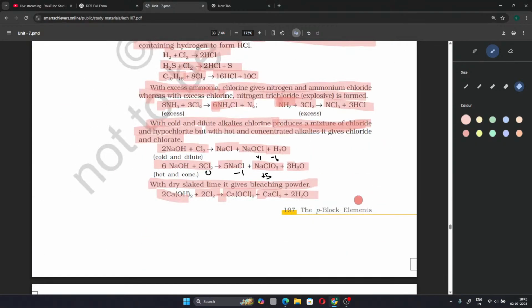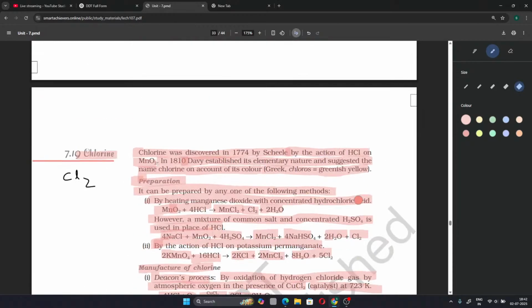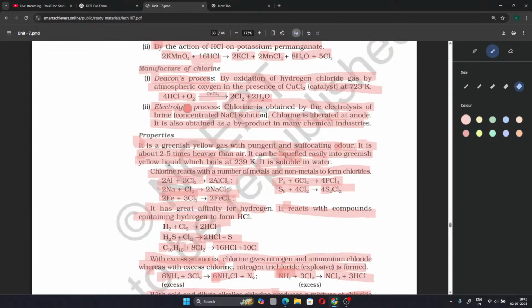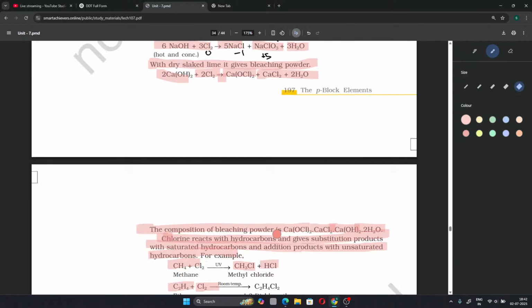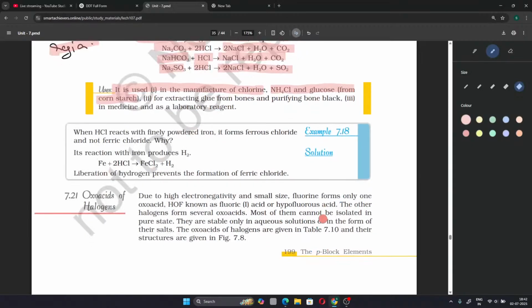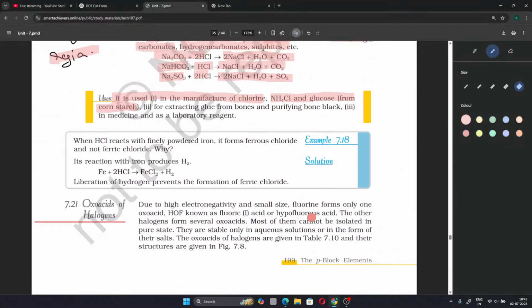The second industrial process was the electrolytic process, which doesn't contain HCl. Then production of ammonium chloride and glucose, and glucose we produce from cornstarch.